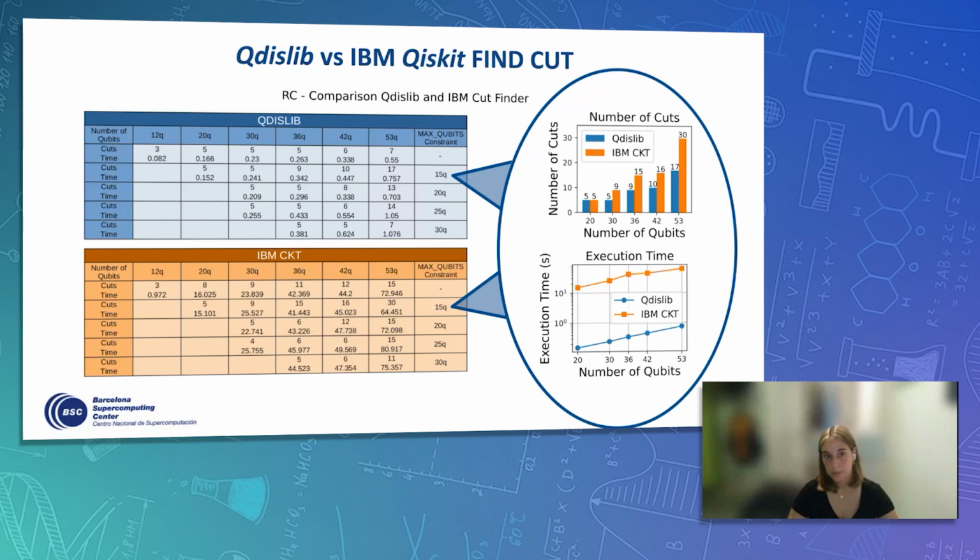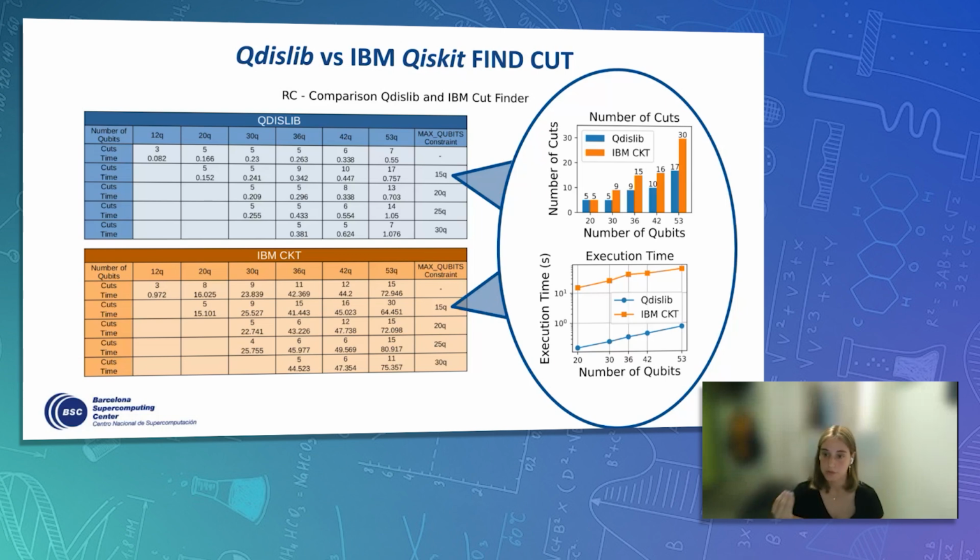Here we compare our cut function, the Qdislib, versus what IBM offers using the Qiskit add-on. And this table has a lot of results. I'm just going to focus on putting max qubits to 15. So I'm forcing it to find results where all the subcircuits are a maximum of 15 qubits. And as we can see, we managed to get better results with the number of cuts.